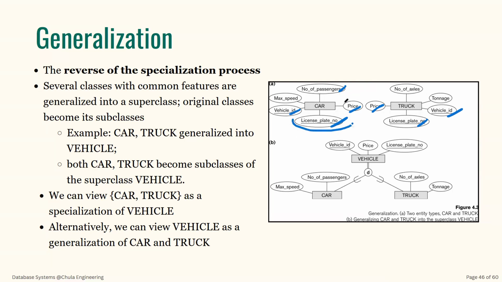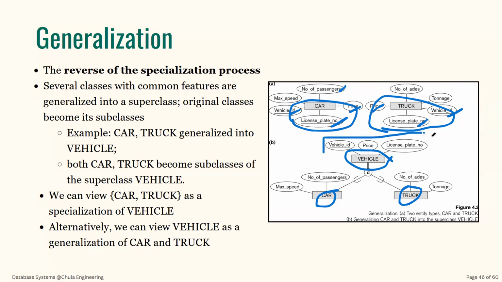So you have some similar attributes here, and you have some different attributes here. What you want to do is that, since many of the attributes are the same, why not group them? So when you group them into vehicle, you still have car and truck there, but you only have the different attributes at the subclass level, and you have the same, duplicate attributes at the superclass level.